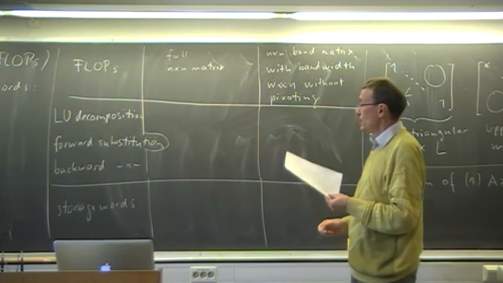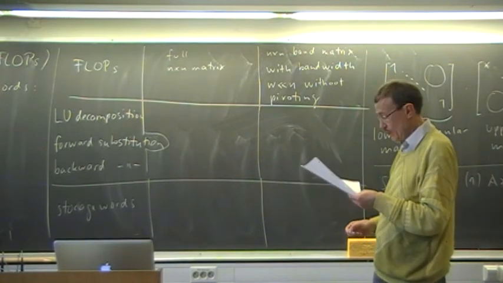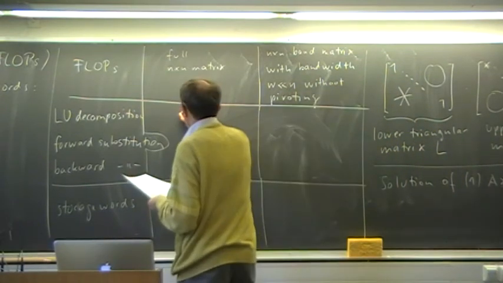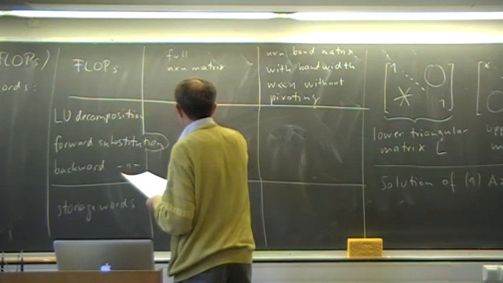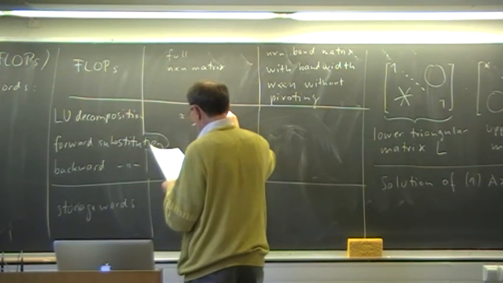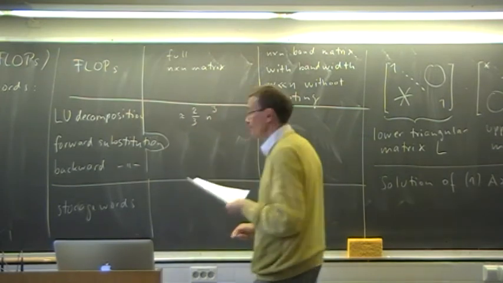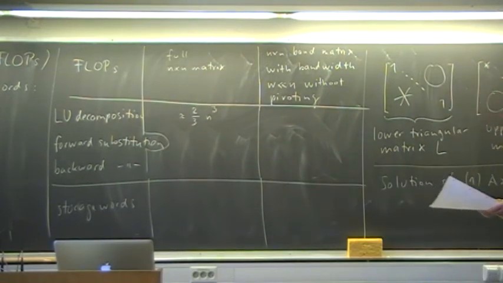So it turns out, for a full matrix, that we need approximately 2/3 times n to the power 3. And this is a problem when we have large n. If we increase n, it gets very much larger, because it goes with the power of 3.